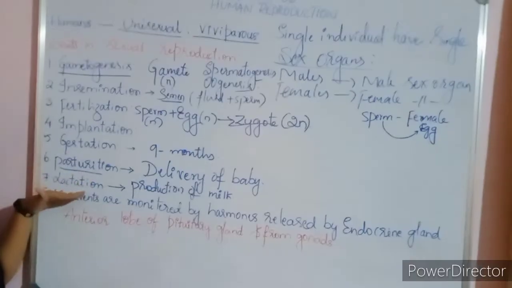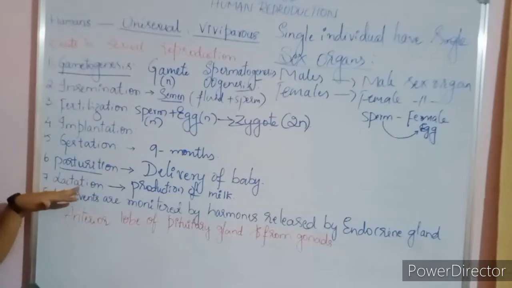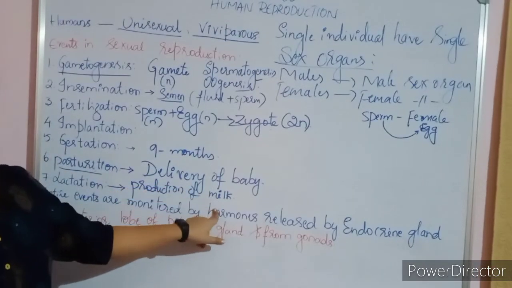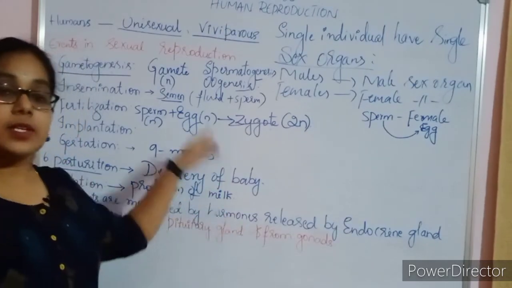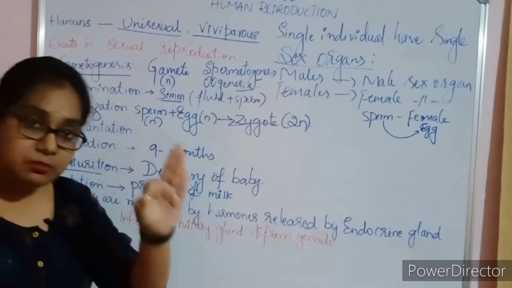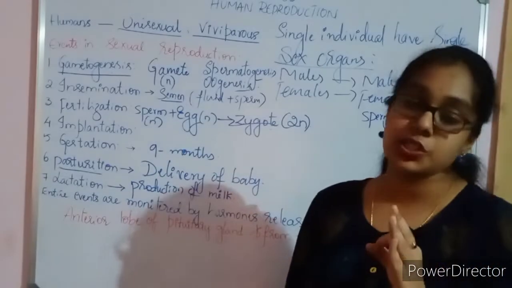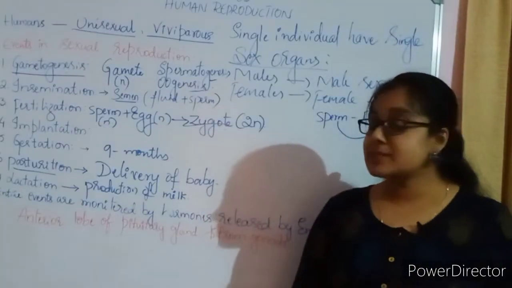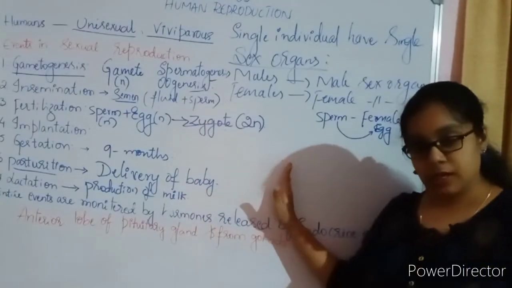Okay, next is lactation. Once the baby is out, the lactation process has to take place. That is the production of milk for the breastfeeding of a baby. So these events are very important for successful sexual reproduction in human beings. Now we have studied all the events that take place during sexual reproduction.